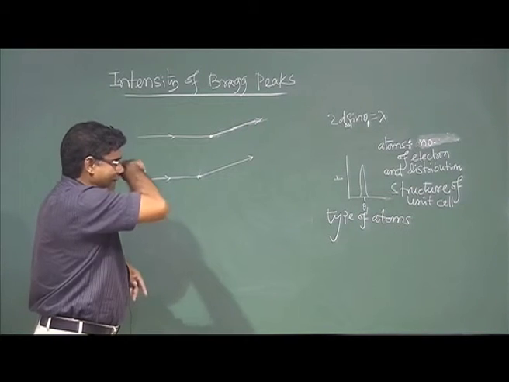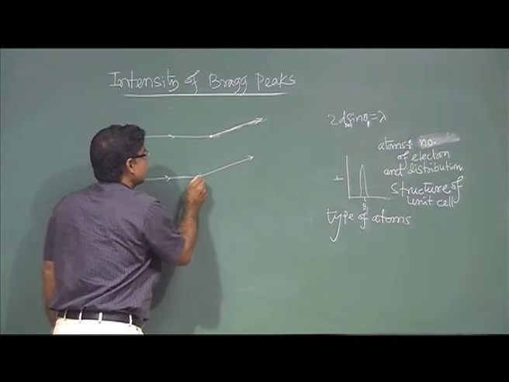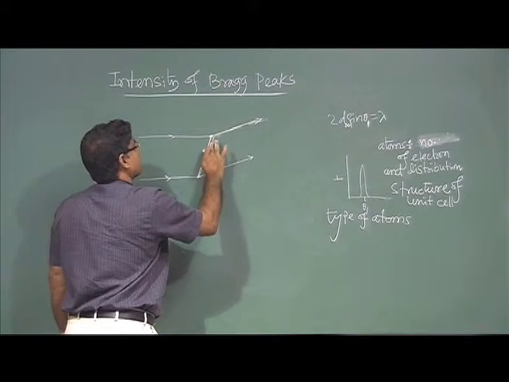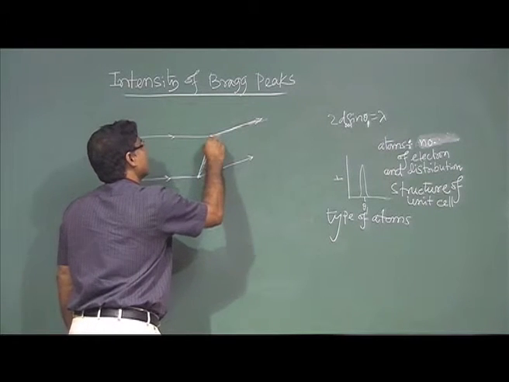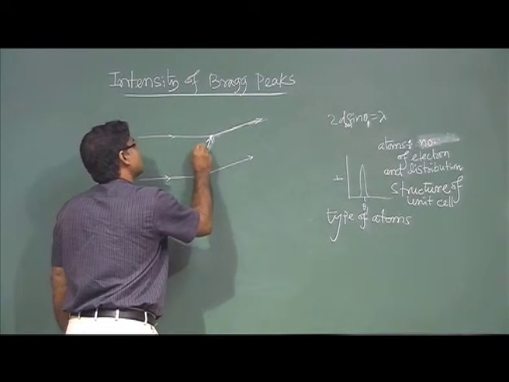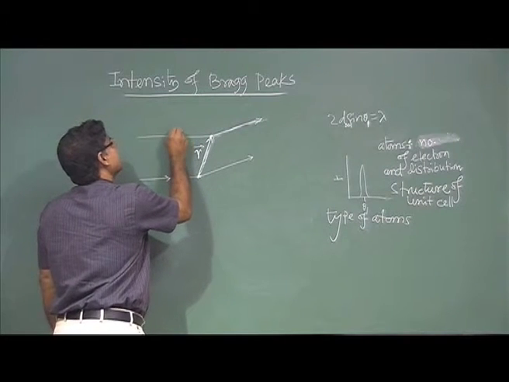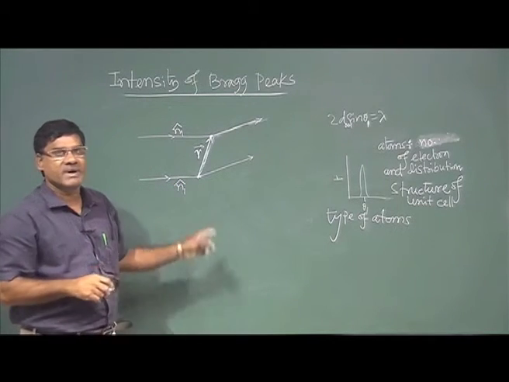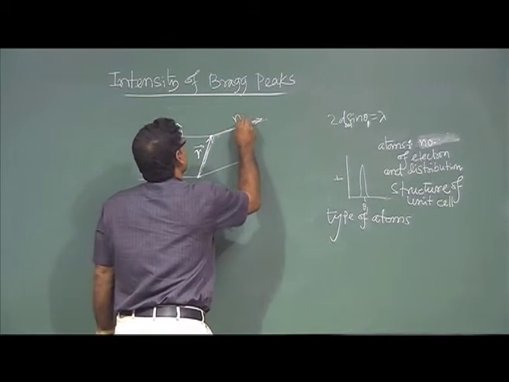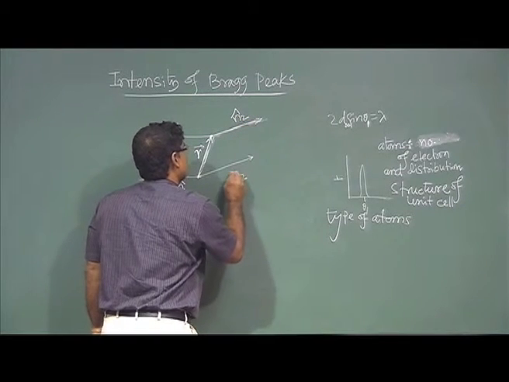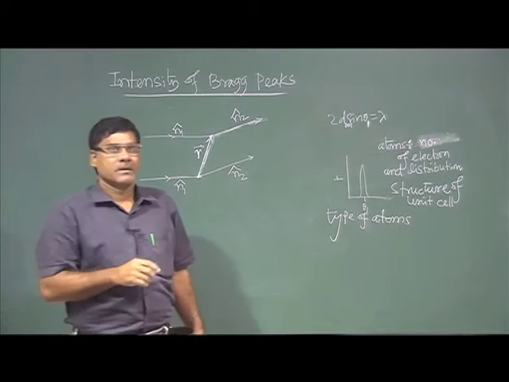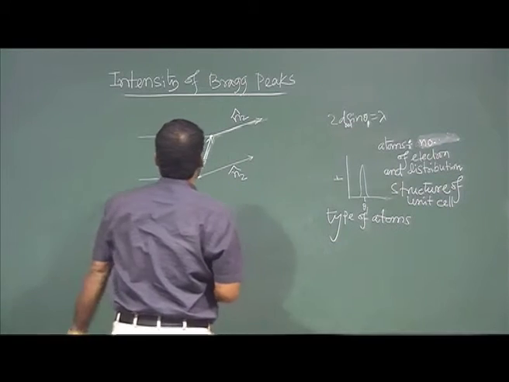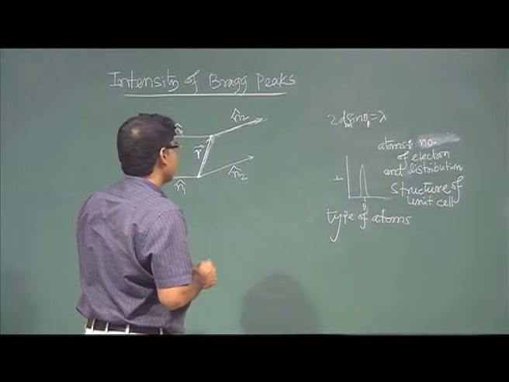In this case, if the distance between these two scatterers is r, and this is the incident direction unit vector n1 and this is n2, okay. So now they will interfere and I will get the constructive interference, setting the condition.